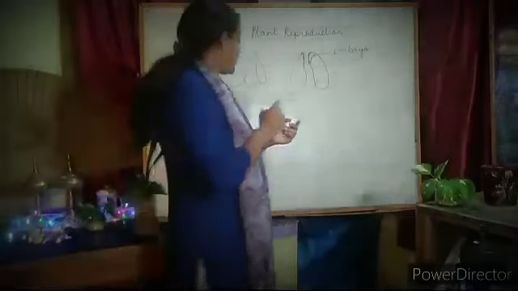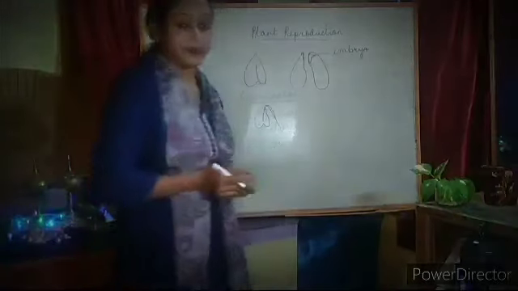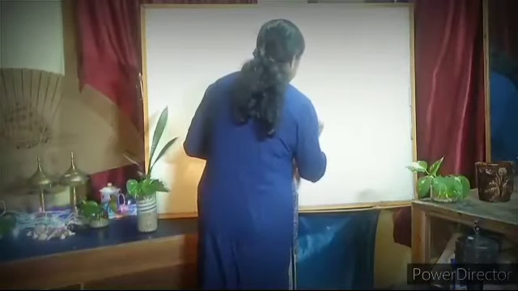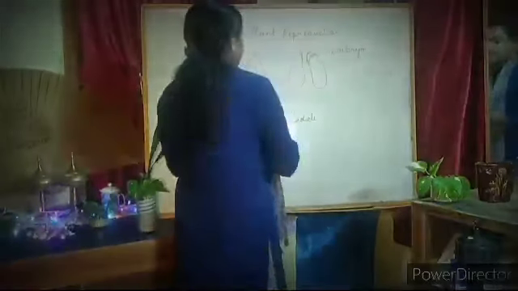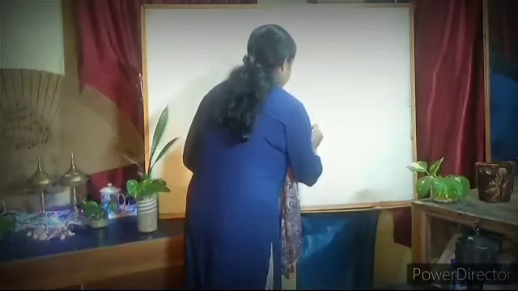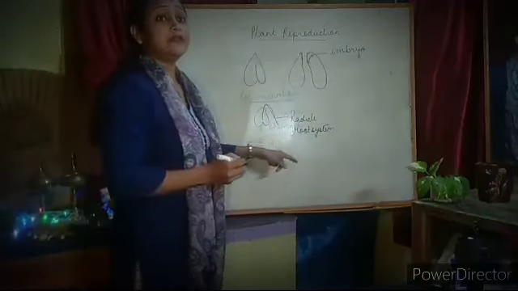Then from the embryo, what will come out is the radicle. First, the radicle will come out. This radicle will further form the root system.